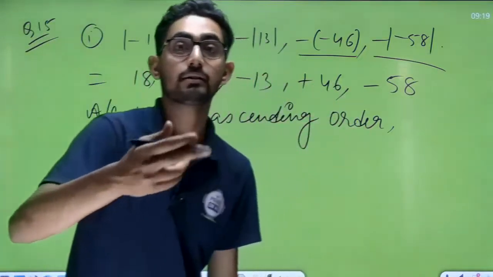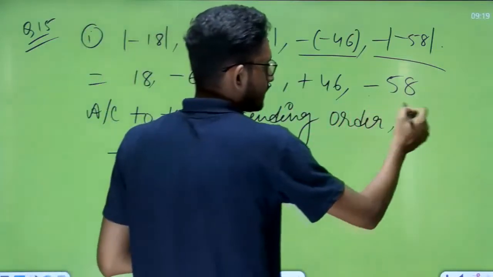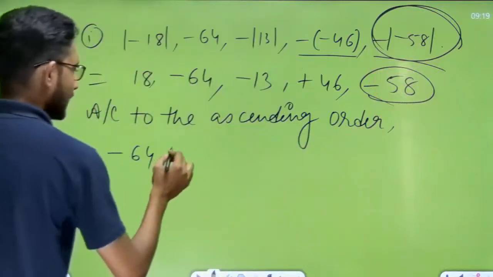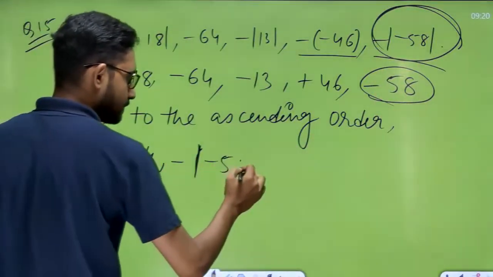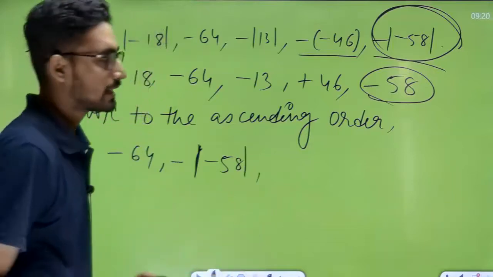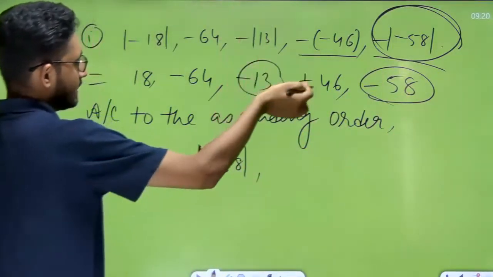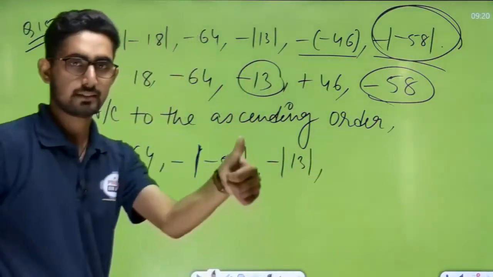Next smallest number? मतलब next bigger number. We can say this one minus का 58. That means write down this one: minus mod minus का 58. Done. Now students, next one. Next one, tell me minus 13. That means minus mod 13. Done. Okay.